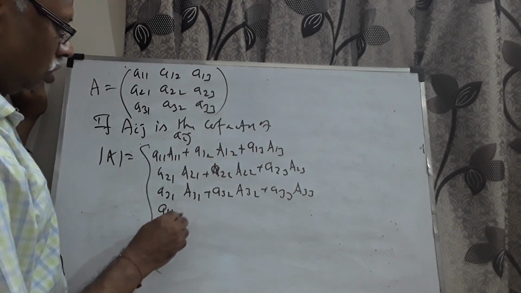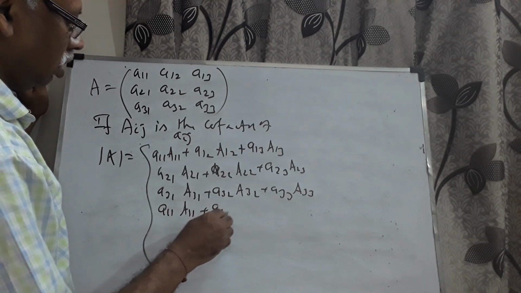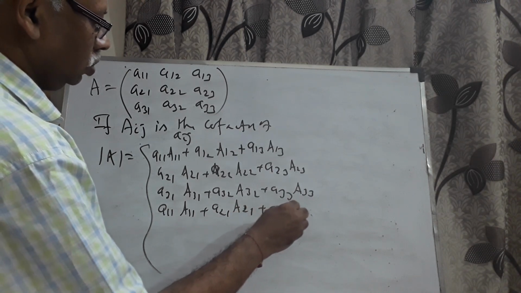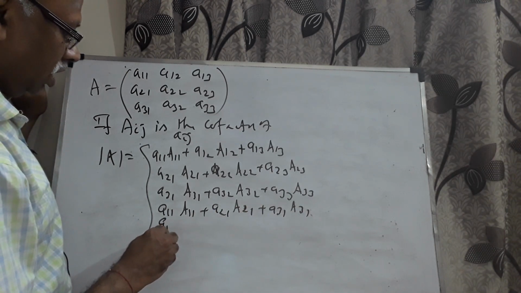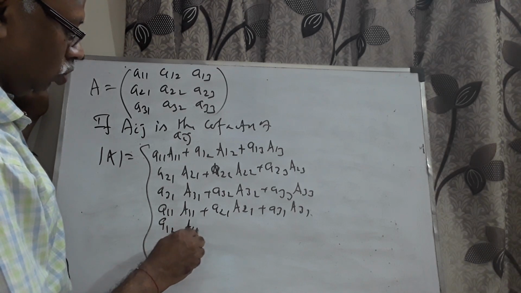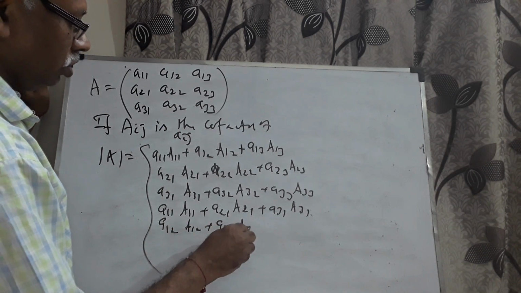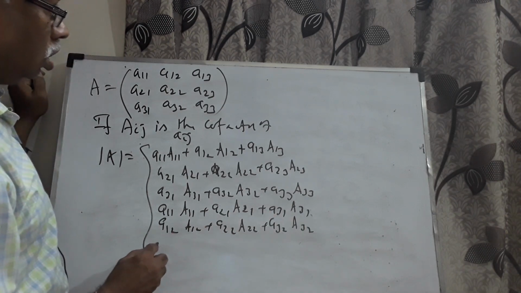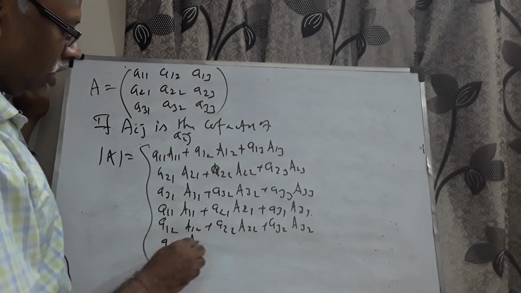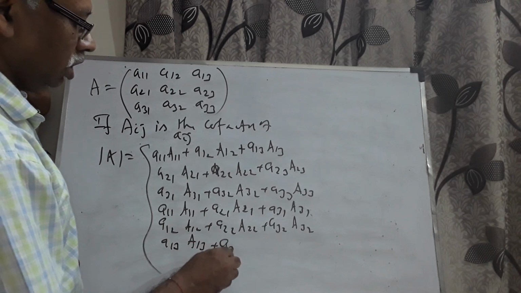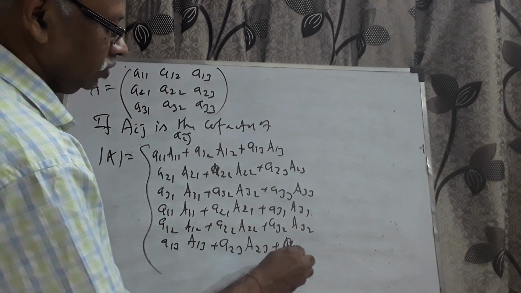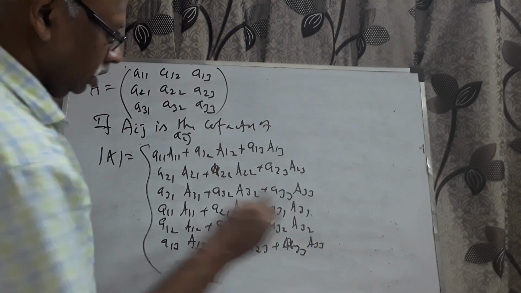Similarly, A11 into A11, plus A21 into A21, plus A31 into A31. Similarly, A12 into A12, plus A22 into capital A22, plus A32 into capital A32, or A13 into capital A13, plus A23 into capital A23, plus small a33 into capital A33.